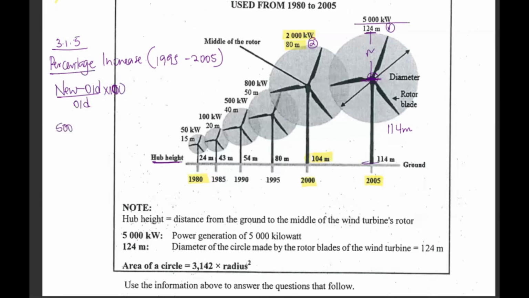So 5,000 minus 1995's power generation of 800, we divide by 800 again times 100. So here you end up having the answer as 525%, 5 times more. That's what it simply means.